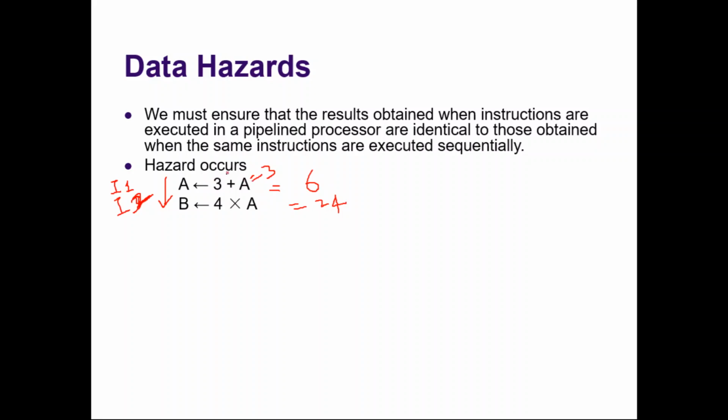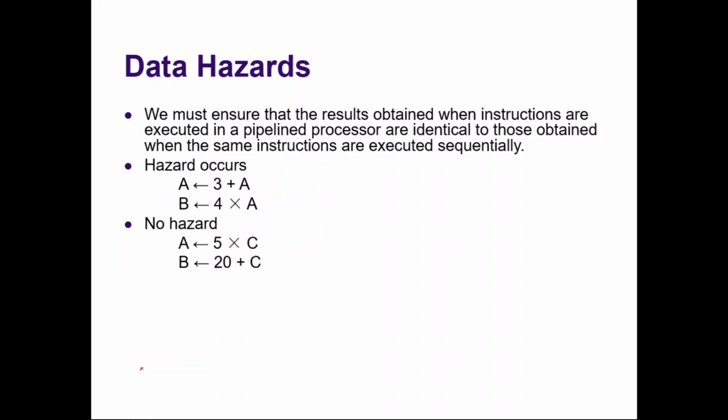But while this instruction is getting executed, if you are concurrently executing the next instruction, a is not yet updated to 6. So the second instruction will also assume a as 3, then calculate 3 into 4, that is 12, which is a wrong answer. Such things should not happen when we are using pipelining. So this instruction pair will create a hazard.